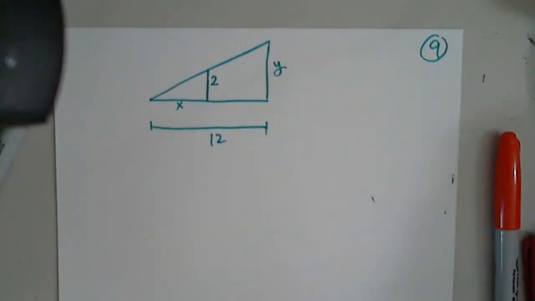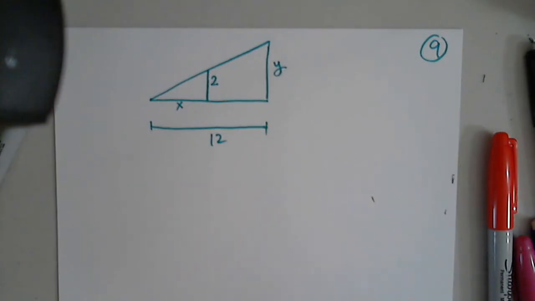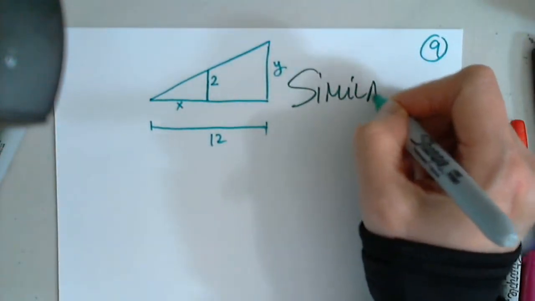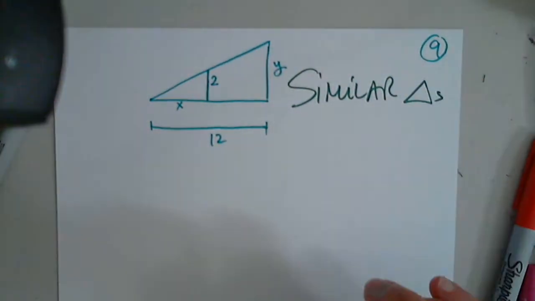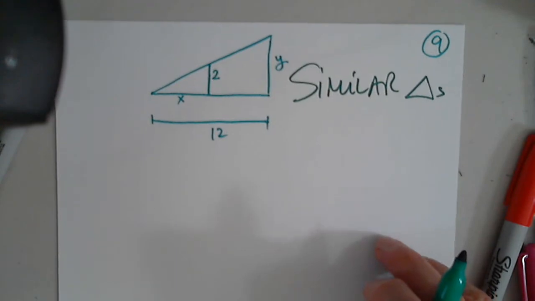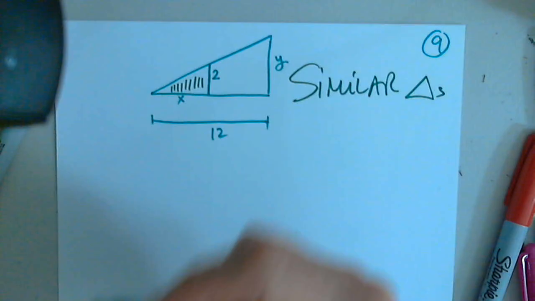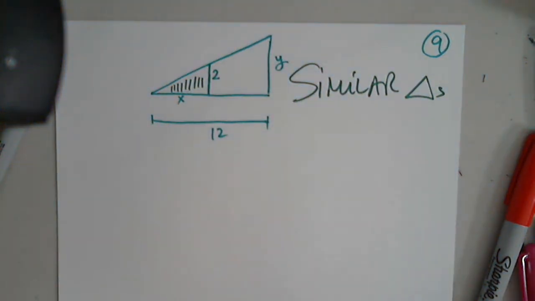What I just graphed? Aren't they similar triangles? Great job, Derek. Thank you. Similar triangles. So this tiny triangle is similar to this triangle.